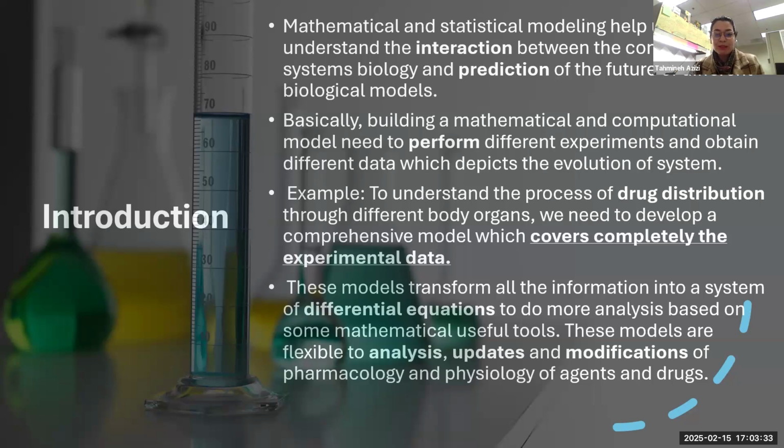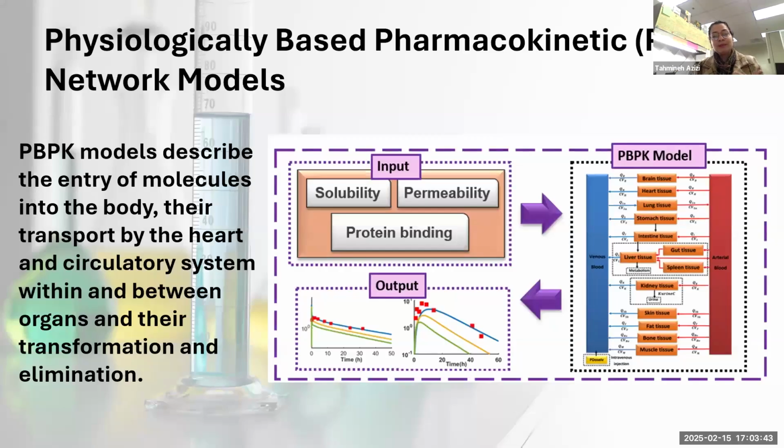The good thing about them is that they are flexible to any update or modification we apply to the system. The first modeling approach I'm going to present, in a bigger scale, is a model for the entire body, called a PBPK model, which is a physiologically based pharmacokinetic modeling approach.